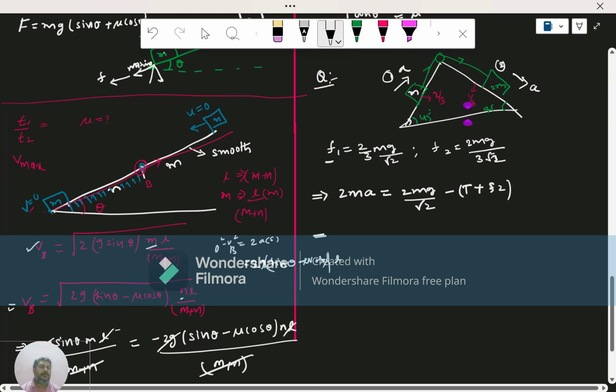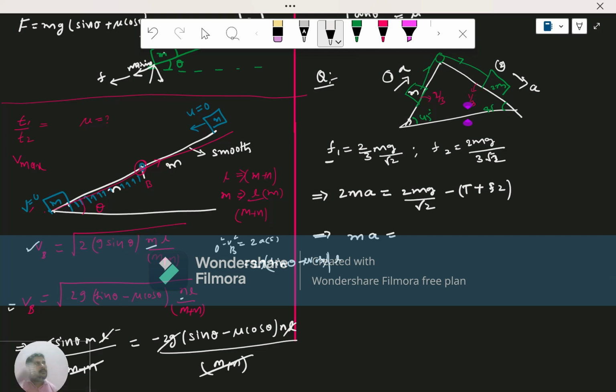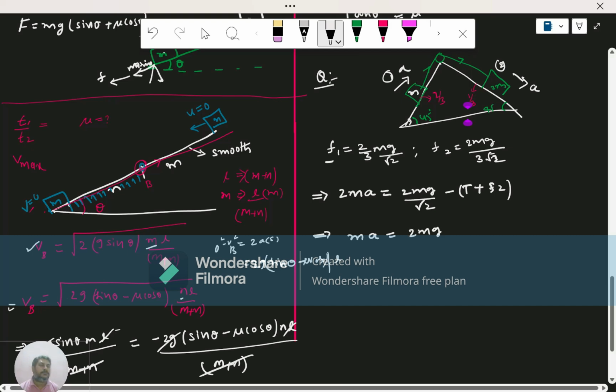Similarly for the first block, ma is equal to, so here in which direction do I have to take friction? For that I assumed the acceleration is in the upward direction. Therefore, ma is equal to 2 mg by root 2 plus F1 minus, this is T, minus this value.